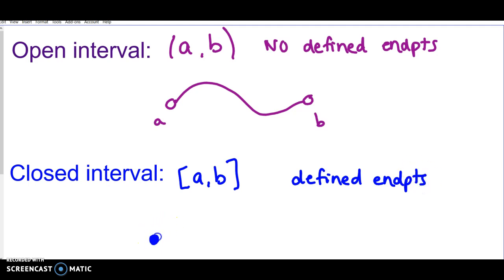So I have closed points, A, B, so they're included now. Whatever is happening in between the two, well, we have a closed interval here.